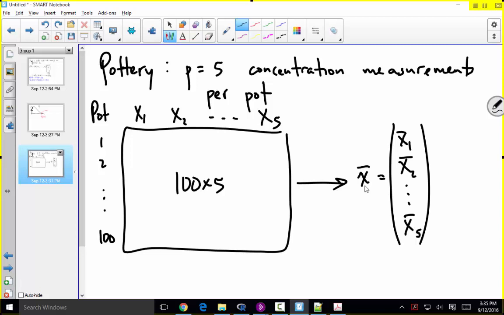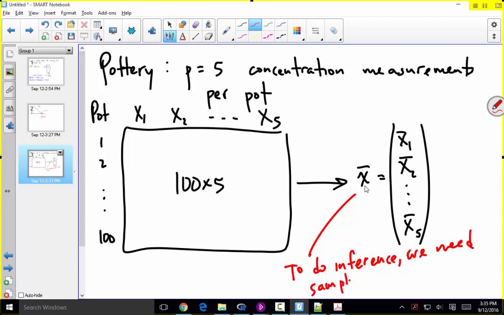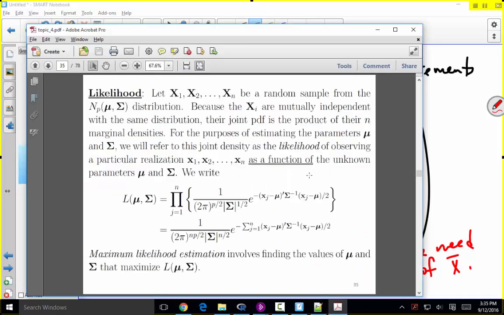So just to reiterate, to do inference, we need the sampling distribution of X bar.